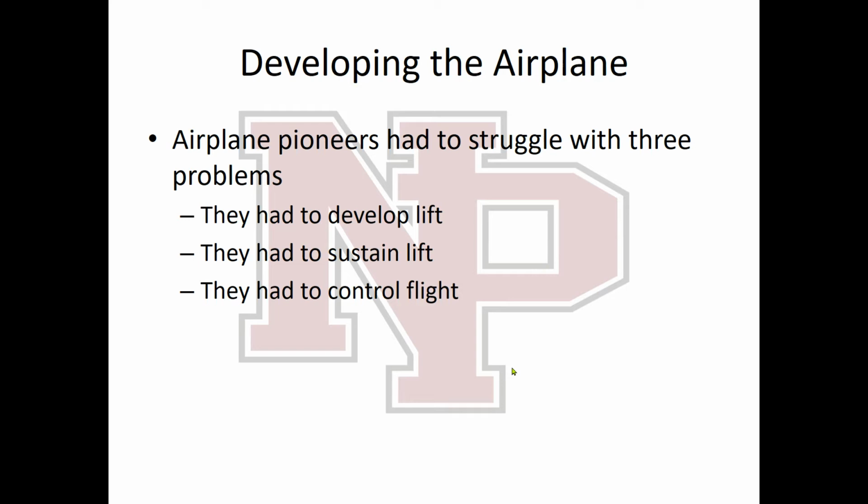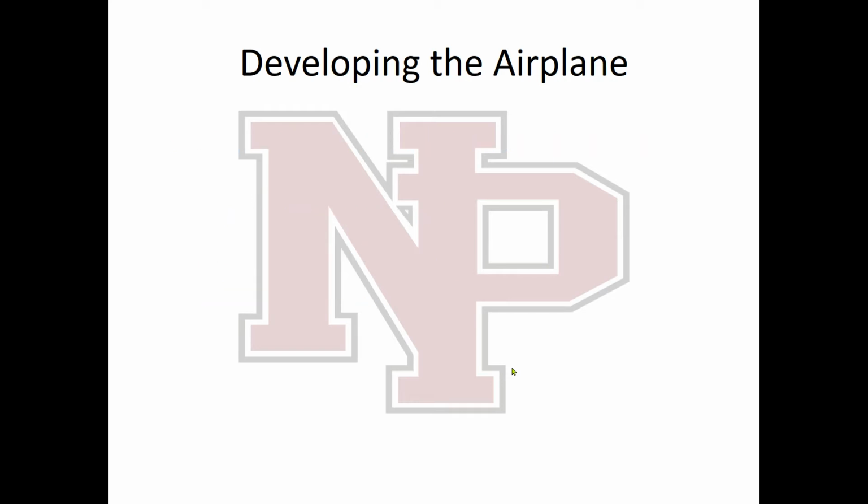So these are the 3 things that pioneers of heavier than air aircraft had to struggle with: making sure they could create lift, making sure they could sustain that lift, and making sure that once they were in the air, they could go where they wanted to go and control the flight. So you're going to find out how these pioneers did it, and go through some of the pioneers of heavier than air aircraft.